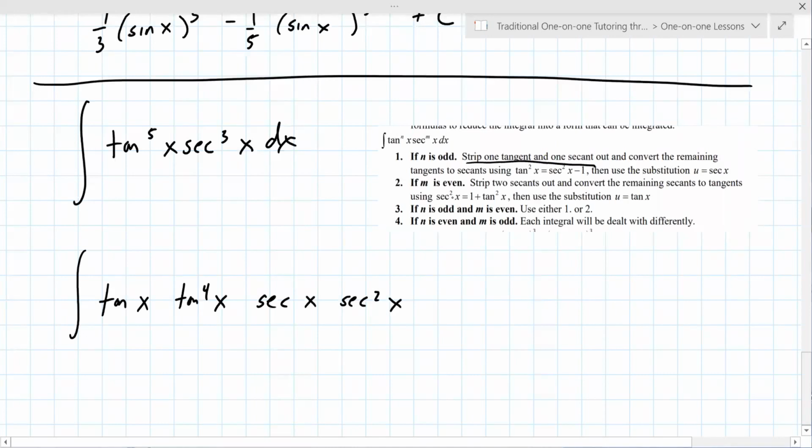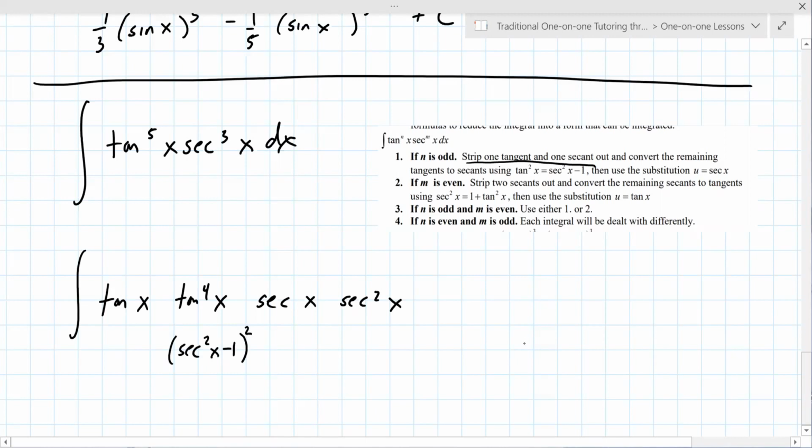Convert the remaining tangents to secants. So this is secant squared x minus 1, squared.